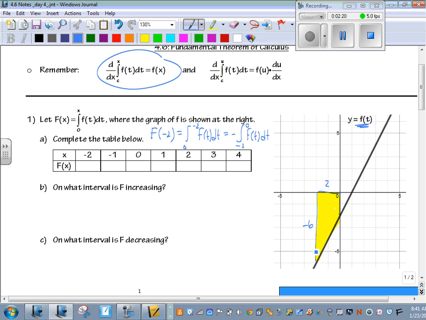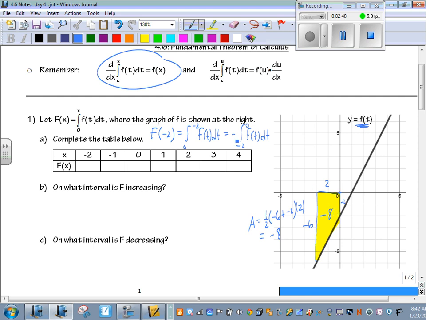That's why our area ends up being negative. It's under the x-axis. And this one is negative 2. So if we're looking at the area of this trapezoid, we have 1/2 times negative 6 plus negative 2 times 2. So 1/2 times negative 8 times 2, we're going to get negative 8.